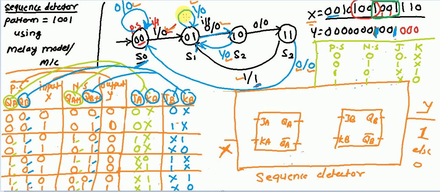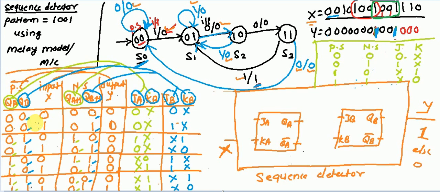Look at this loop, and generating the output 0. 10 state with input 1 reaching to 01 state and generating the output 0. 11 state with input 1 reaching to S1 and generating the output 1. So by taking the reference of this state diagram, we have completed this table.